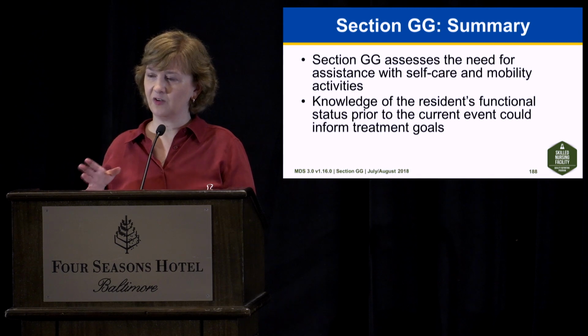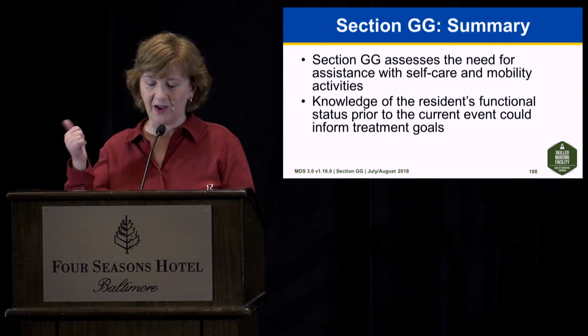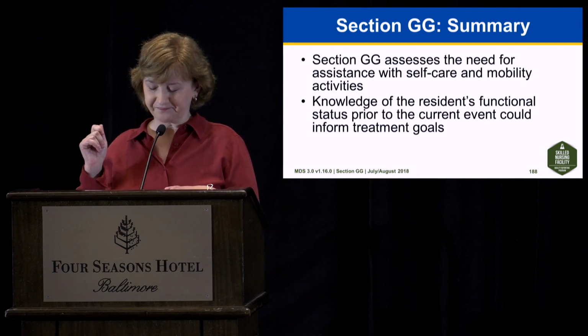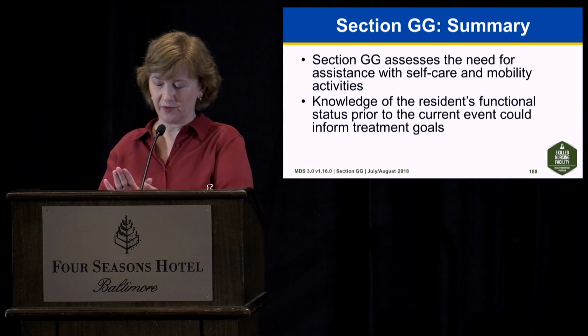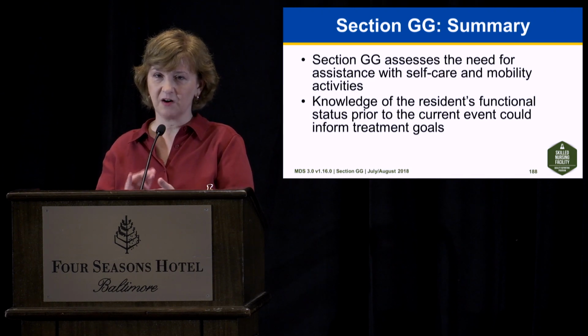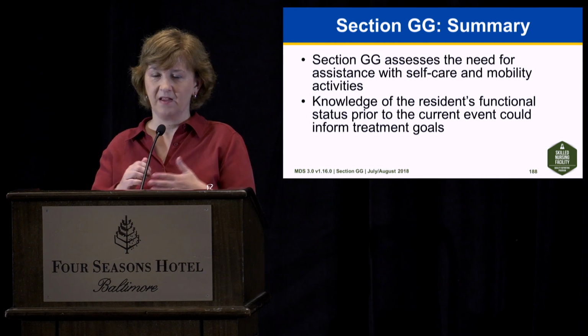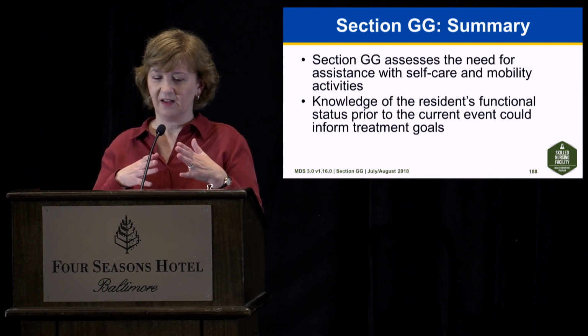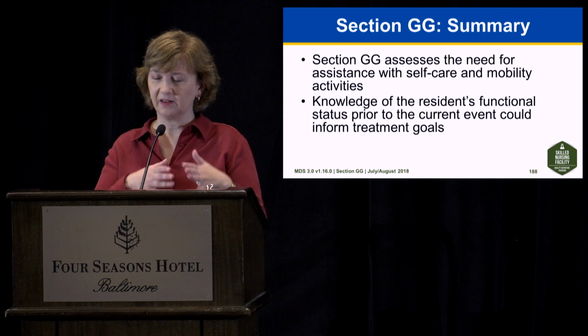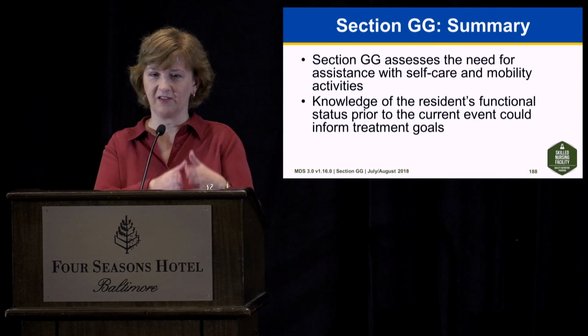And I think I saw a few of you had questions about that when I was looking at Slido over the break. So I'll just mention here that the intent is for prior functioning immediately prior to the current illness, exacerbation, or injury.